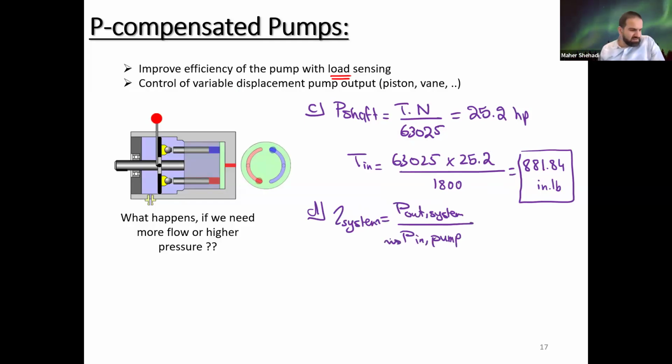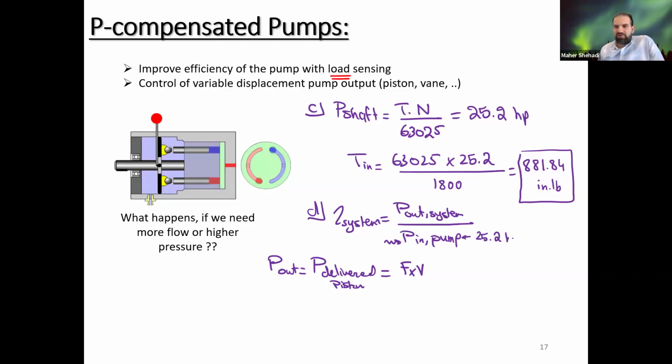We already calculated this. This was 125.2 horsepower. So now what's the power out from the system? That's the power delivered by the piston, and that's equal to F times V. I need that to be in horsepower just to match this 125.2 horsepower.